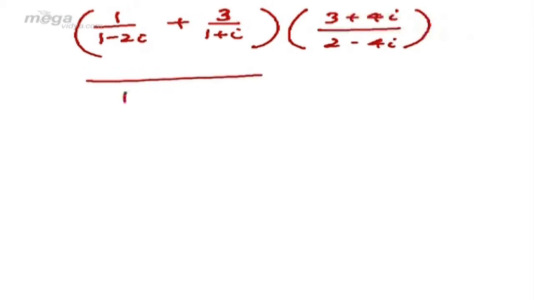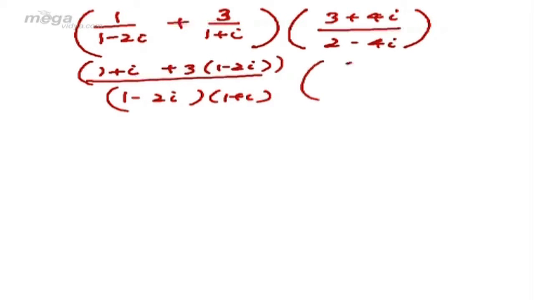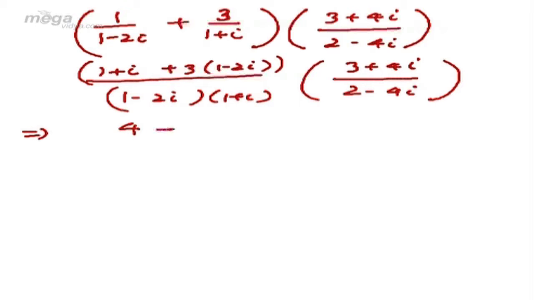Take the LCM, 1 minus 2i into 1 plus i. It becomes 1 plus i plus 3 into 1 minus 2i. Then 3 plus 4i divided by 2 minus 4i. If you solve the first bracket, you will get 4 minus 5i divided by, multiplying the two complex numbers 1 minus 2i and 1 plus i in the denominator.